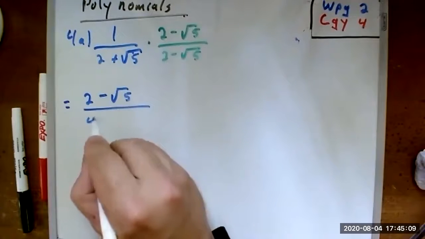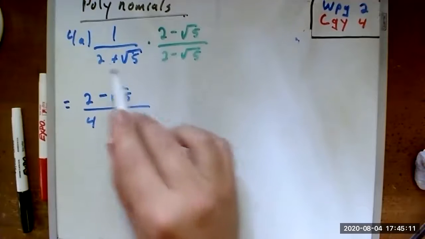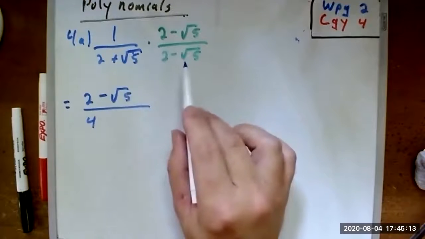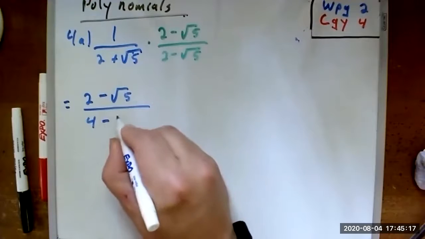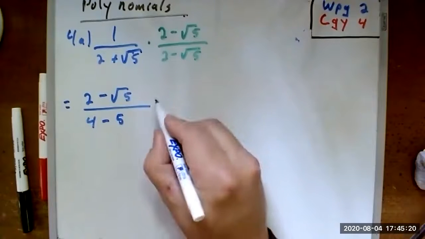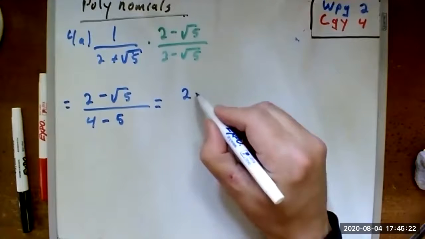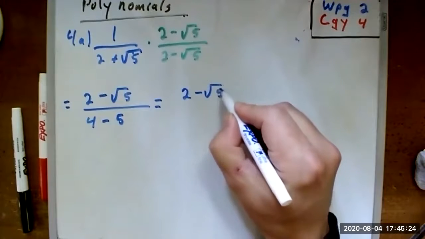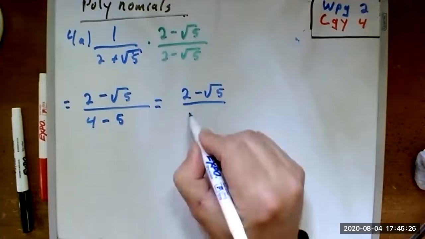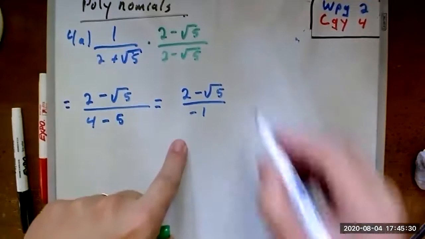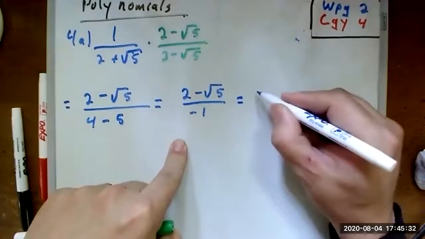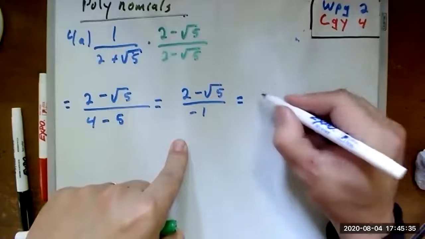So when we do that, on top, I'm going to get 2 minus root 5, no problem. 2 times 2 is 4. My middles cancel out because this is a difference of squares, and then root 5 plus negative root 5 gets me negative 5. So I get 2 minus root 5 on top.